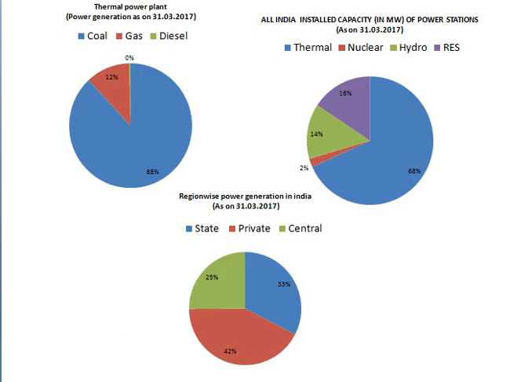Now in this slide you can see in the form of a pie chart, in thermal power plants 88% of electricity is produced from coal, 12% from gas, and approximately a small amount with the help of diesel power plants. For all India installed capacity in megawatt, 68% of electricity is produced in thermal power plants, 2% from nuclear, 14% from hydro, and 16% from renewable energy sources.